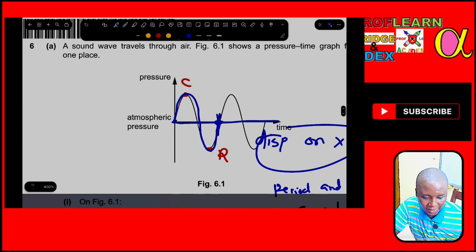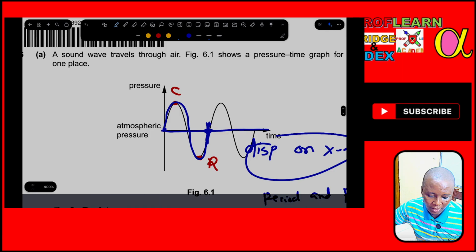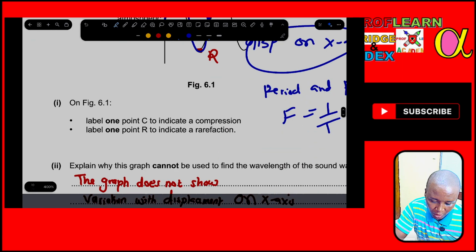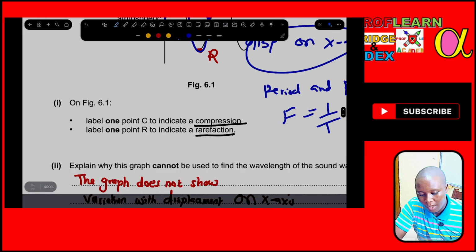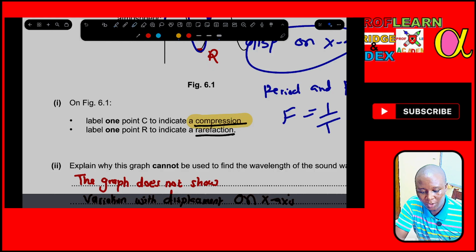Then we have question number 6. Question number 6 was basically talking about a sound wave, and the student was supposed to identify a compression and a rarefaction. Something you were supposed to remember here is that compression is a region of high pressure and rarefaction is a region of low pressure.